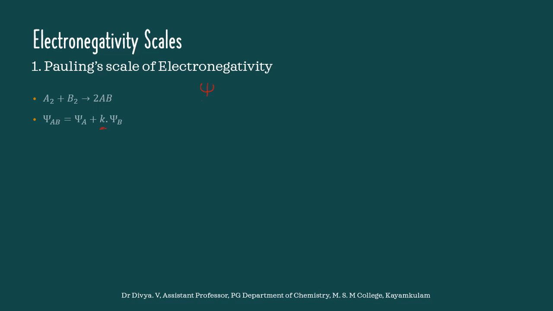And if the constant is greater than 1, the atom B gains a partial negative charge, which can be represented as delta negative.